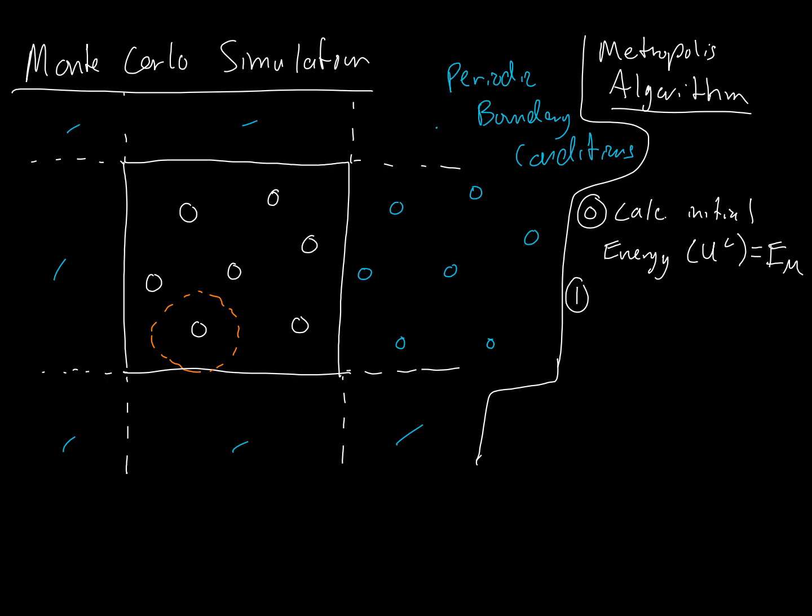The next step is we are going to randomly choose a particle. So for example, we could randomly say, this is the one we're going to move. The second step is you randomly change its position and orientation.